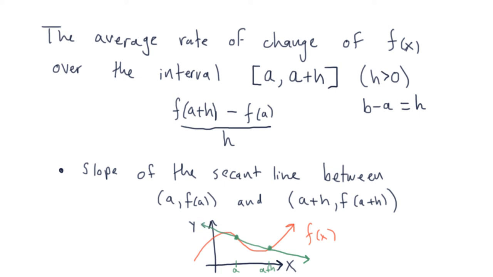But of course we're also interested in the instantaneous rate of change. And in fact, that's going to be a little bit more useful for our applications. So we're really looking for the tangent line at x equals a. So the average rate of change is over an interval. So here's our interval.